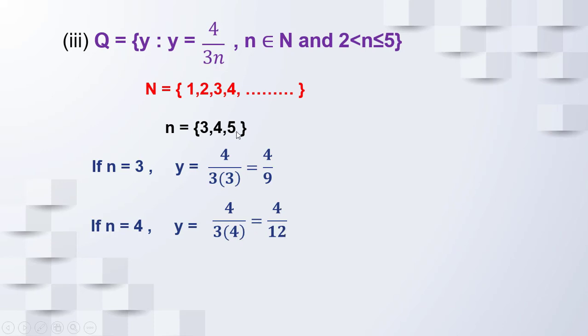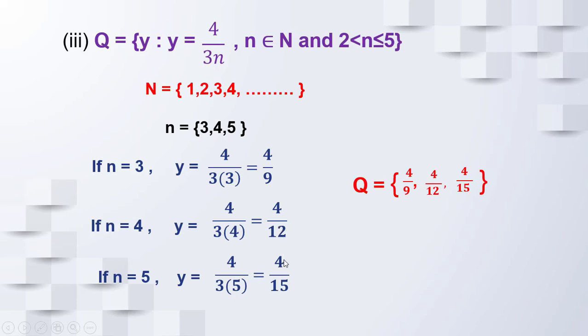Now, let us substitute n equal to 5. Now, our y is 4 by 3 into 5, that is 4 by 15. Now, our new Q is 4 by 9, 4 by 12 and 4 by 15. Here we have to find the cardinal number of the set Q, that is n of Q equal to 3.